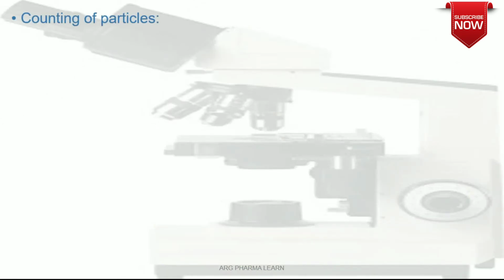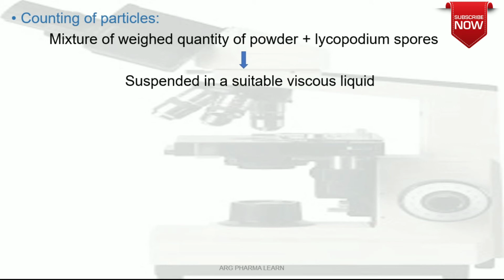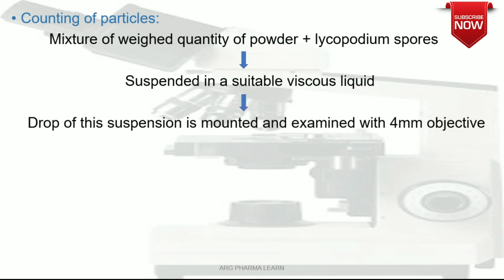Next is the counting of particles. The drug to be determined is powdered. The weighed quantity of powder and the weighed quantity of Lycopodium spores are mixed in a small watch glass using a flexible spatula. This mixture is suspended in a suitable viscous liquid like cottonseed oil. A drop of this suspension is mounted and examined with the 4 mm objective.